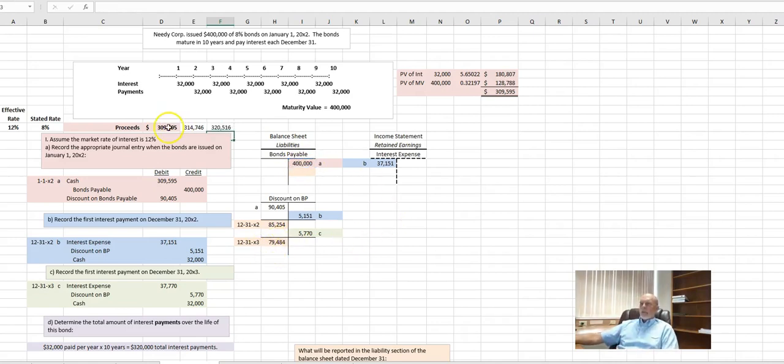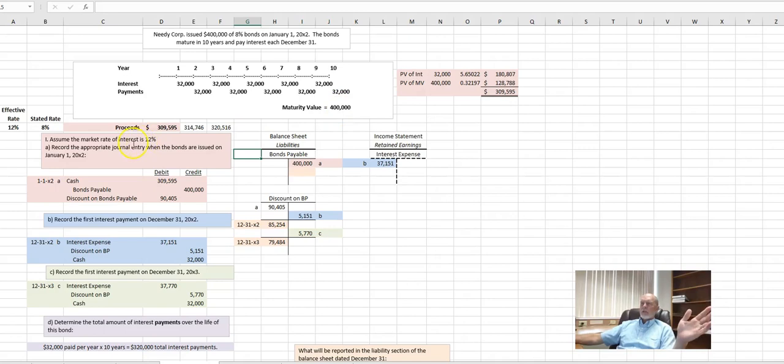If you notice, the carrying value is slowly going up over time, and by the time that discount is fully amortized, the carrying value will equal the maturity value, and of course that's what we're going to pay when this thing matures.